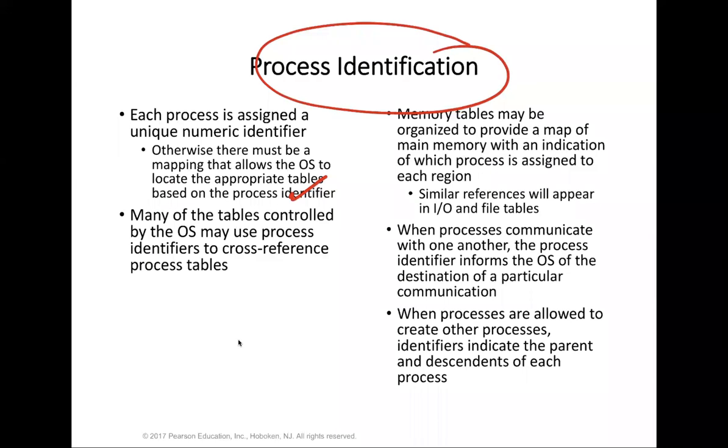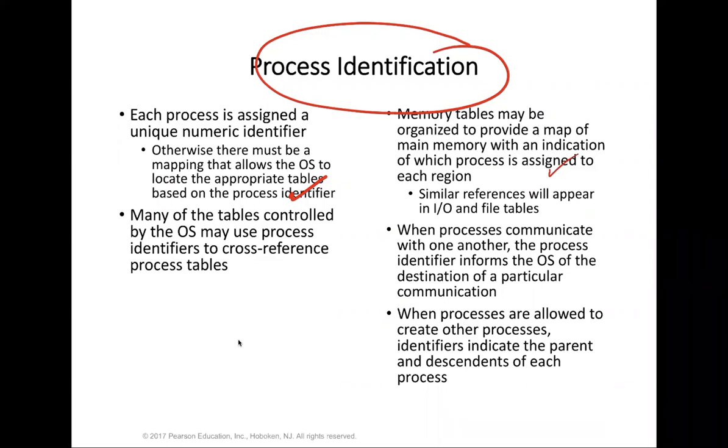For example, the memory table may be organized so as to provide a map of main memory with an indication of which process is assigned to each region. So at this point, we do need the process identifier for this purpose. Also, similar references could appear in the I/O and even the file tables.